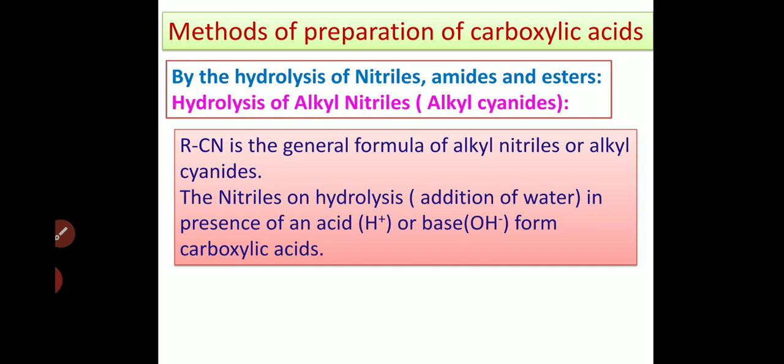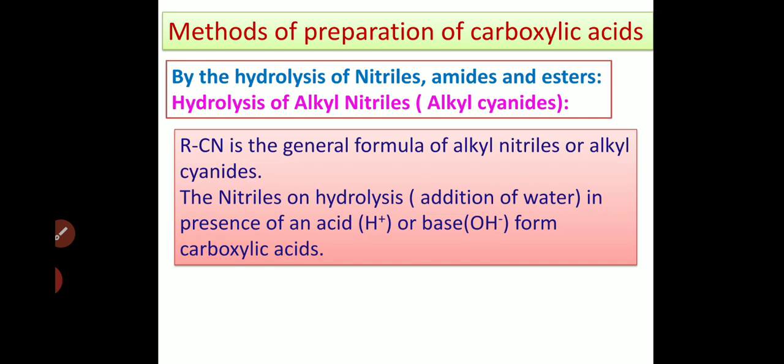C stands for carbon, N stands for nitrogen. The nitriles on hydrolysis, hydrolysis meaning addition of water in presence of an acid, H plus, or a base, which is denoted as OH minus, form carboxylic acids.